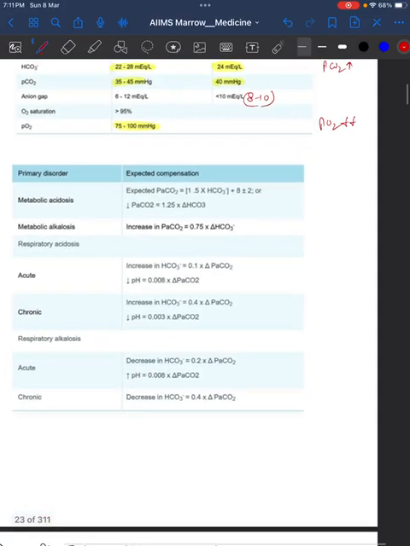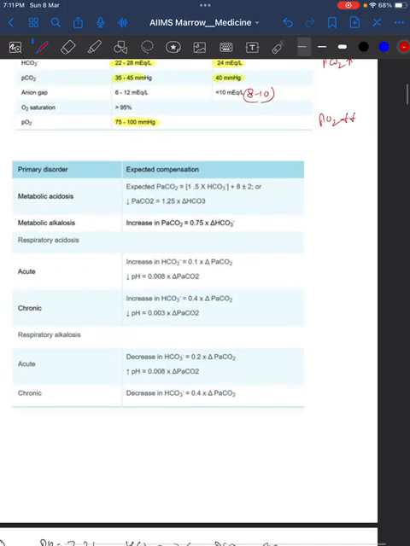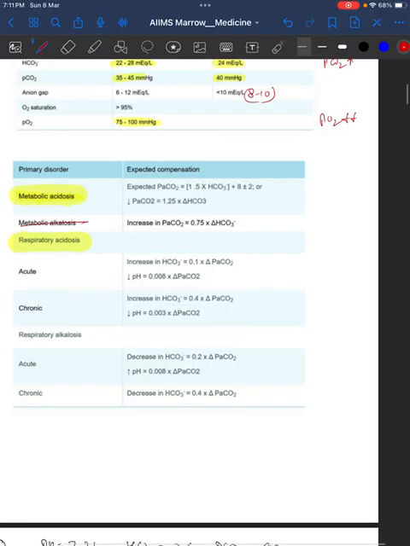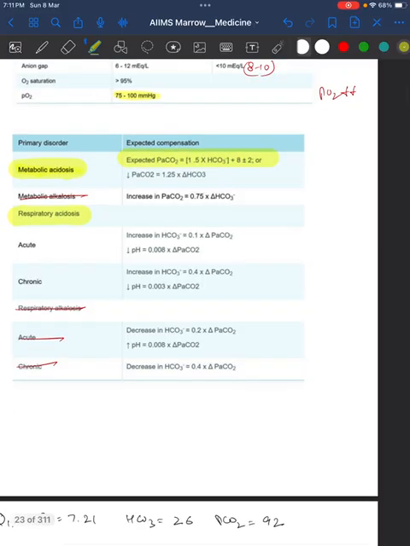Then the next is how to know the compensation. Only three compensations can be asked from you: metabolic acidosis and respiratory acidosis, acute and chronic. Alkalosis they won't ask from you. So in metabolic acidosis, the formula is this: PCO2 equals 1.5 times the bicarb plus 8, plus or minus 2.